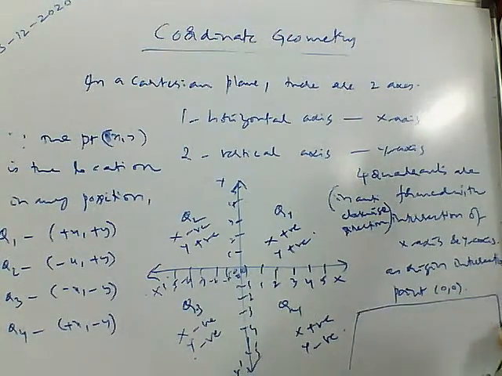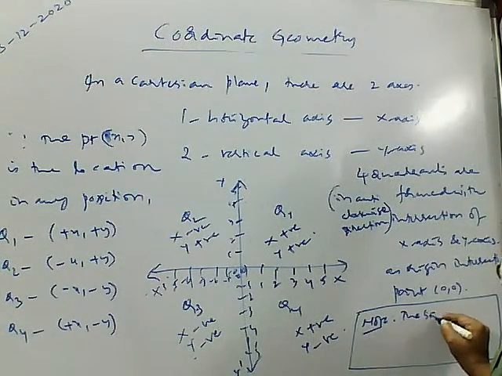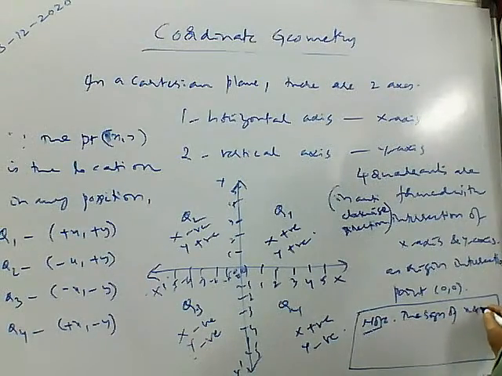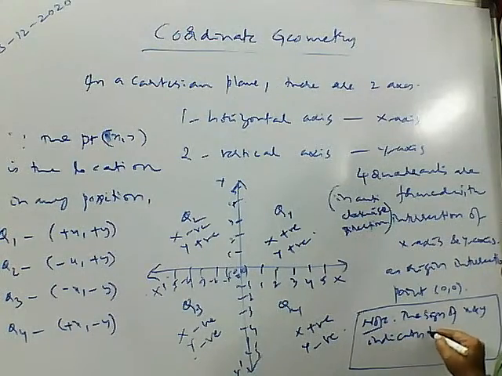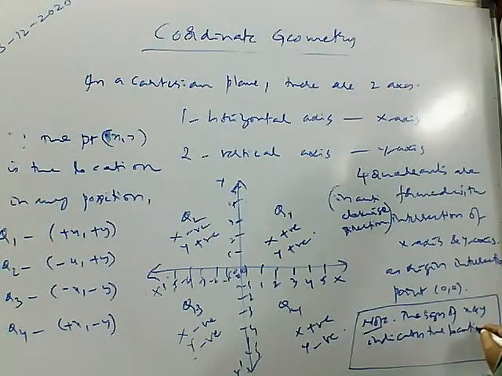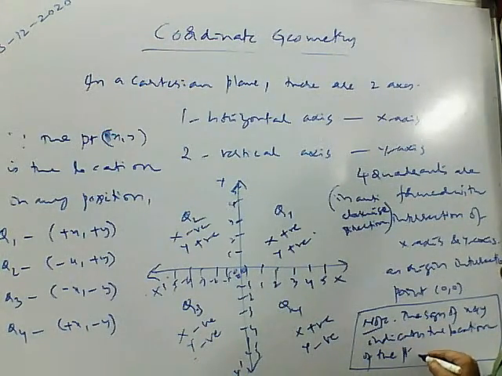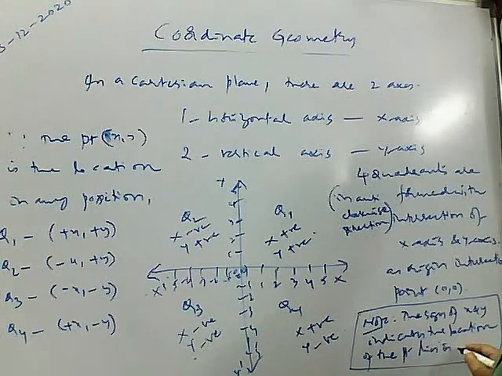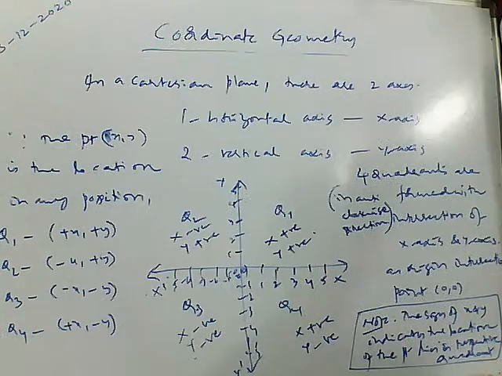So what is the note? The sign of x and y indicates the location of the point, that the point lies in the respective quadrant. So depending upon the sign of x and y, you will locate the position in the x and y quadrant.